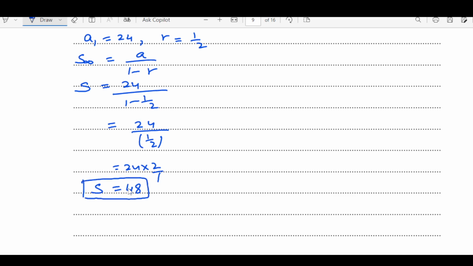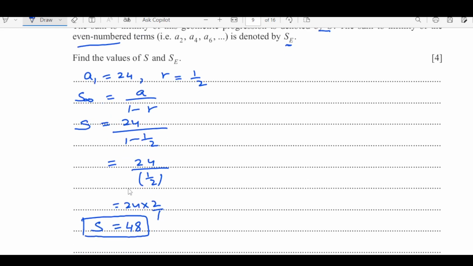Now we are looking for SE, which is the sum of even terms. So for this, we will be looking at the terms. The first term is 24, right. For the second term, as the common ratio is half, we are multiplying by a half, meaning dividing by 2. So the next terms are going to be 12, 6, 3, 3 over 2 and so on, right.